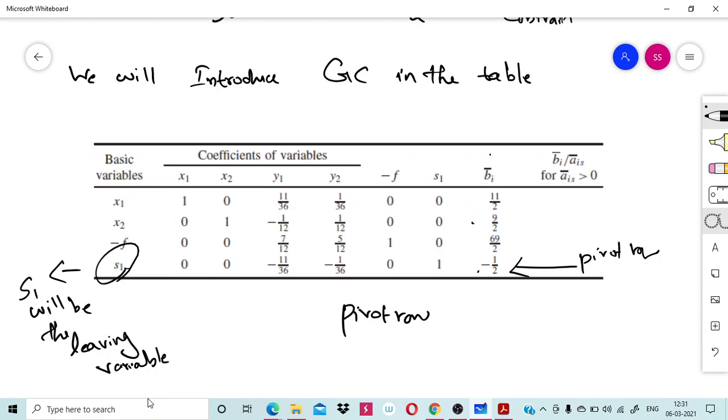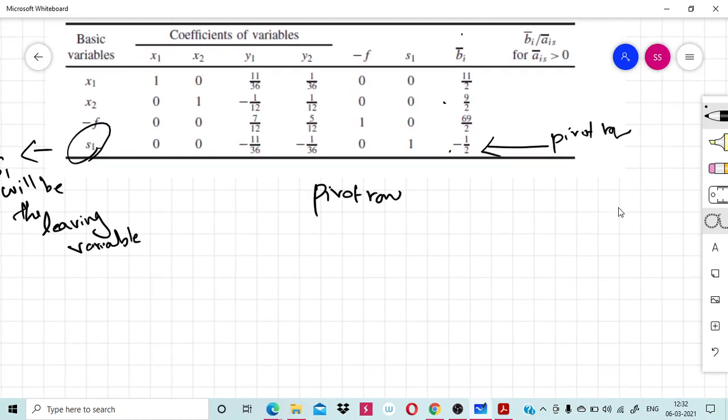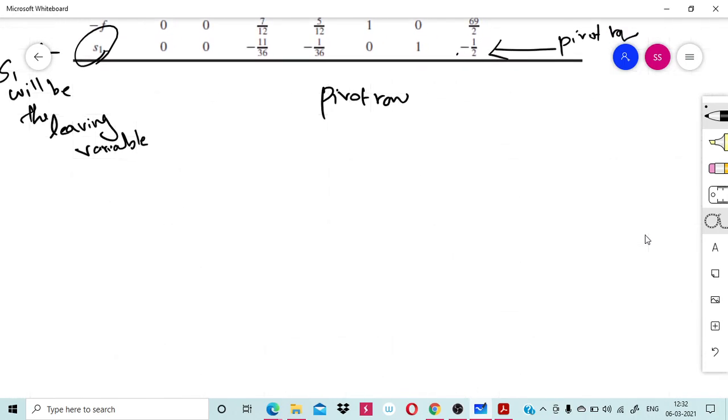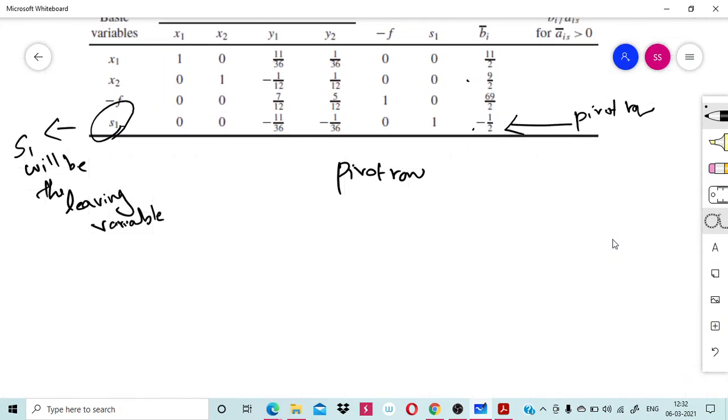If you have any doubt you can go to the dual simplex method that we have already explained. I will not explain it more, because it is a waste of time. So, we got the leaving variable as s1, and then we have to find out the entering variable. In order to find the entering variable we have to add another row, the ratio row.